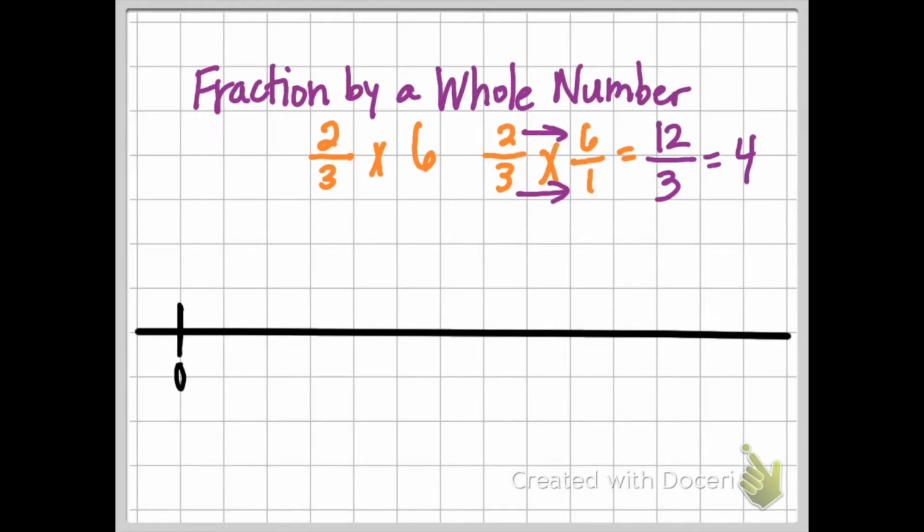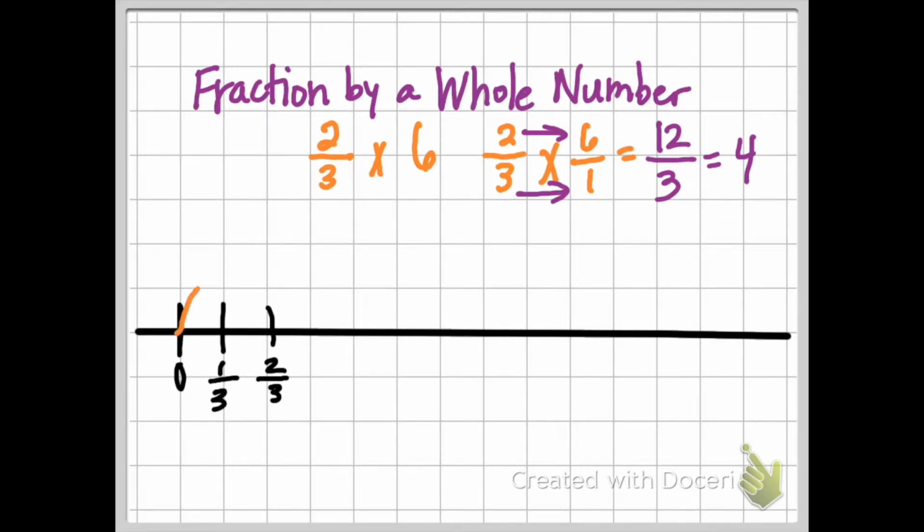Each interval, which is actually called a tick mark, sorry, not a tally mark, it looks like a tally mark, we're going to label a third. So that's 1/3, that's 2/3, okay?